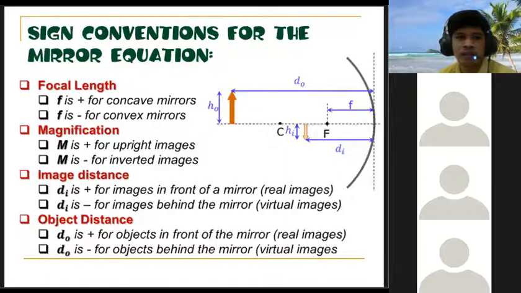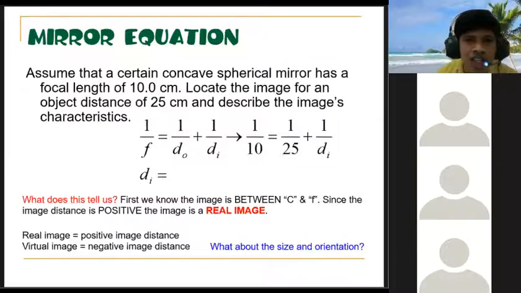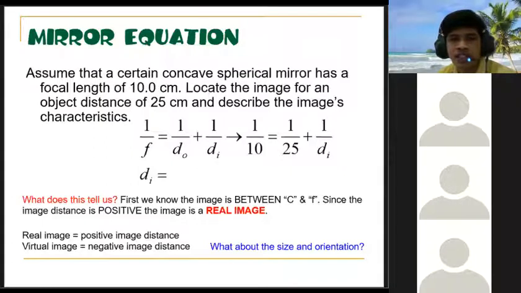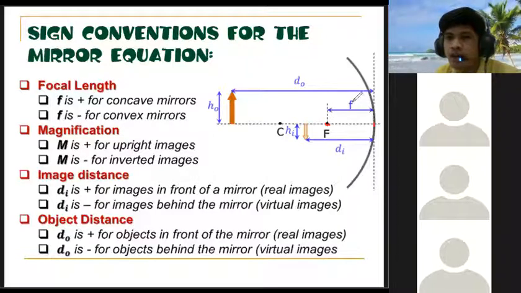This one here, mirror equation. This is an example using the mirror equation. Assume that a certain concave spherical mirror has a focal length. To know that, let's go back. The distance from the center of the mirror, or vertex, going to F is called F, or focal length.